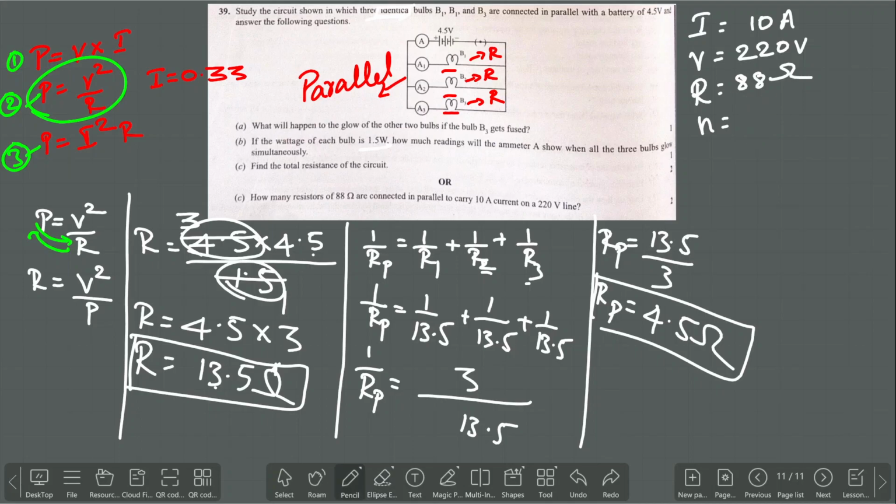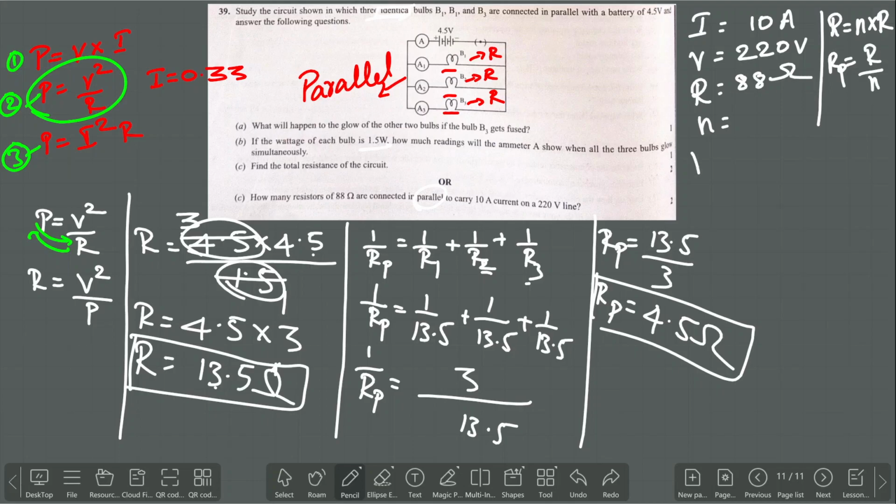So in the question they said how many resistors are connected in parallel. So we have two conditions. If it is in series, then R will be equal to N into R. If it is parallel, then Rp is equal to R by N.